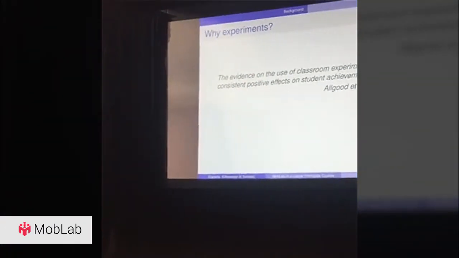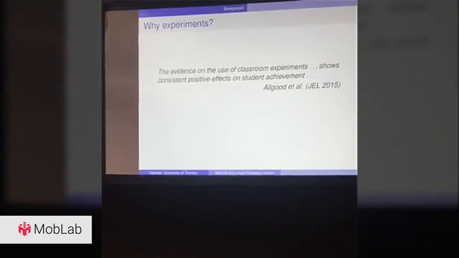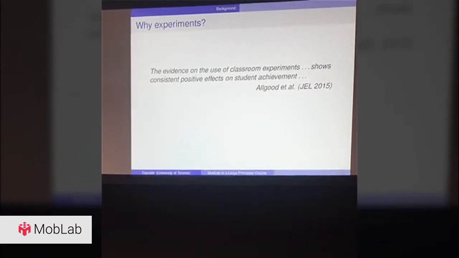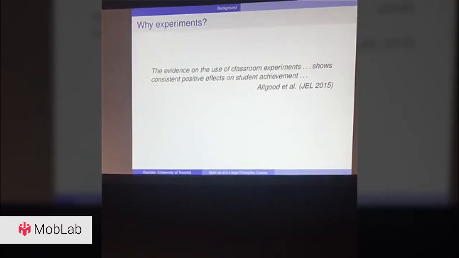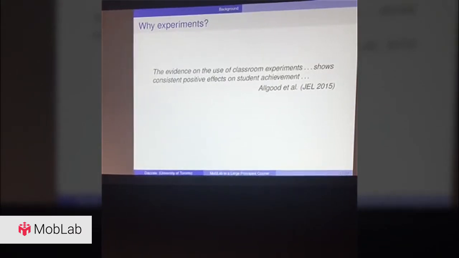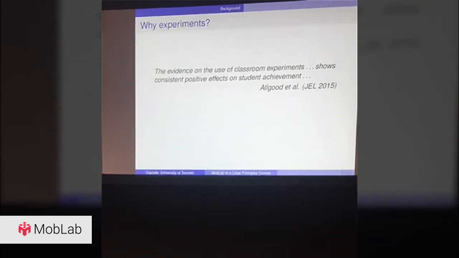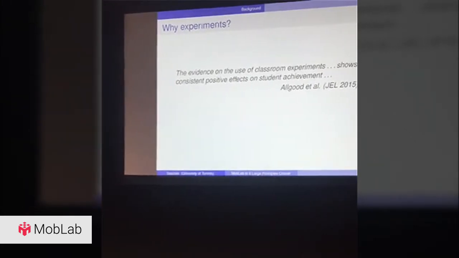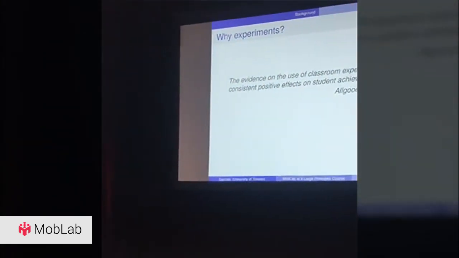Caveat number one is, if I was being honest about interpreting the studies that Sam Allgood is referring to here, I would say that the evidence shows that when experimental economists use classroom experiments, it's really effective. Because traditionally, the people who have run experiments in their class, not exclusively, have been experimental economists, like myself, who ran experiments as grad students, and we get our own classes, and we're like, yes, I'm going to run experiments.